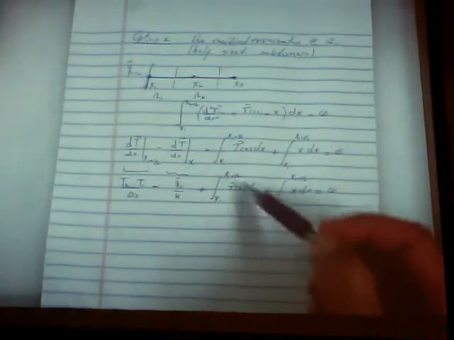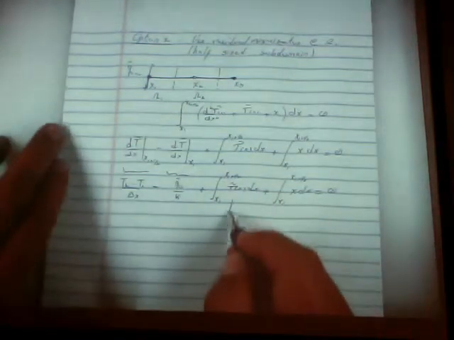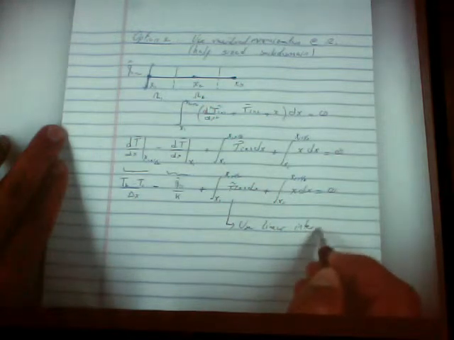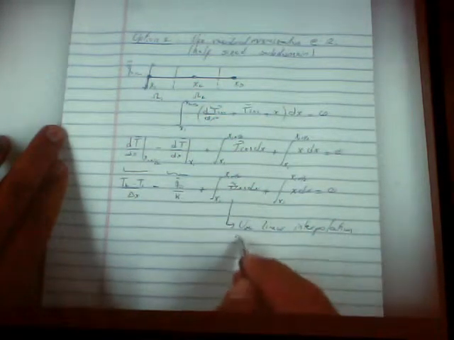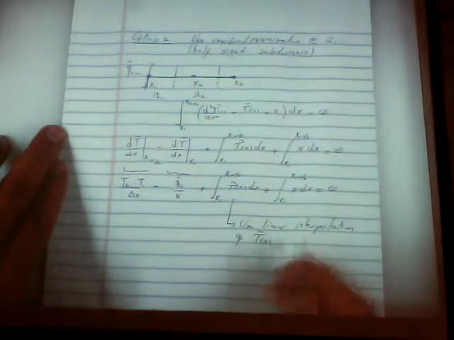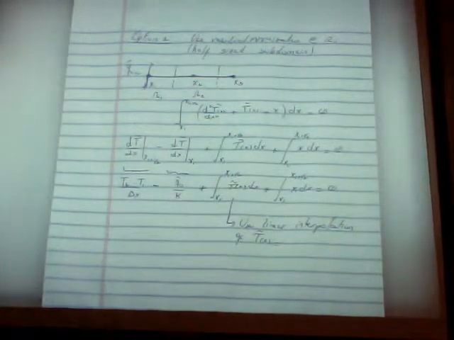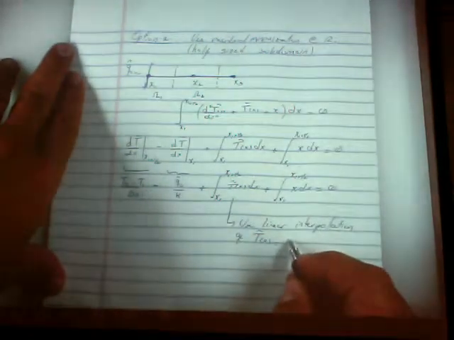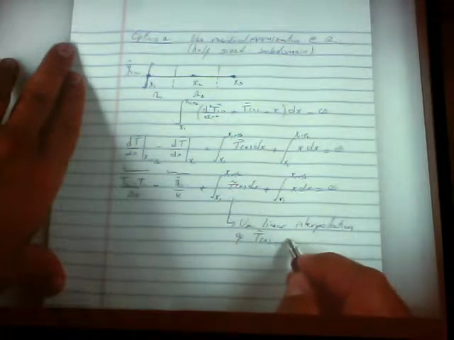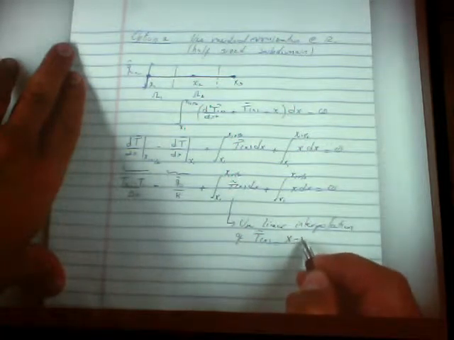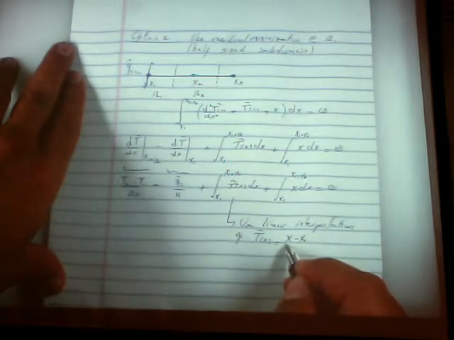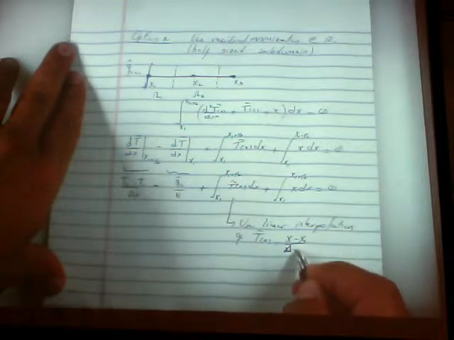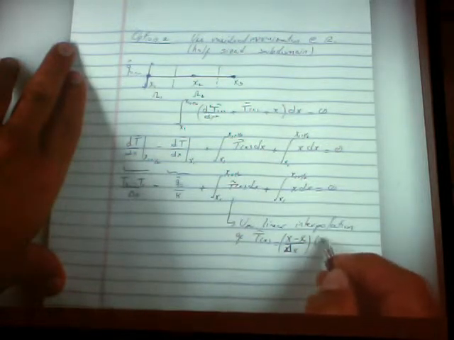We don't have 3 nodes to do an interpolation, so we're going to use linear interpolation of t, which is basically x minus x1 divided by x2 minus x1, which is delta x, times t2 minus t1.